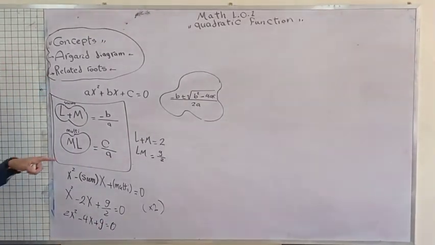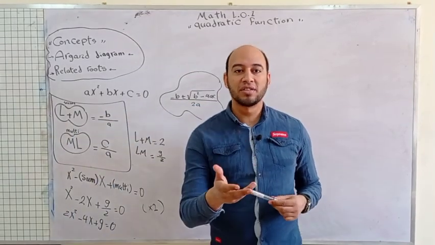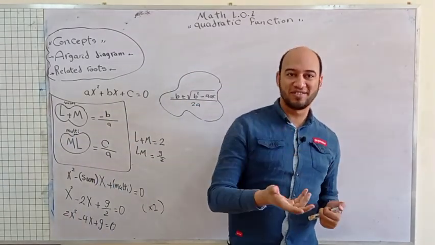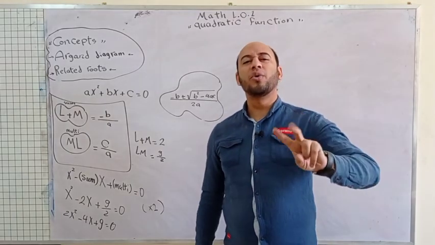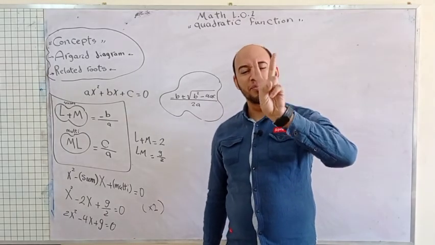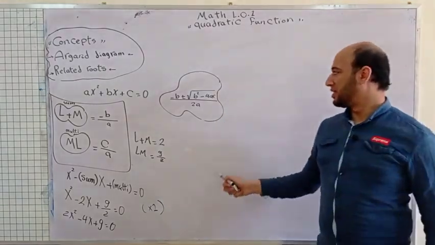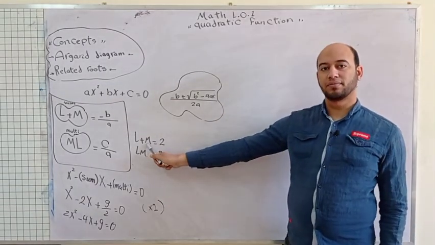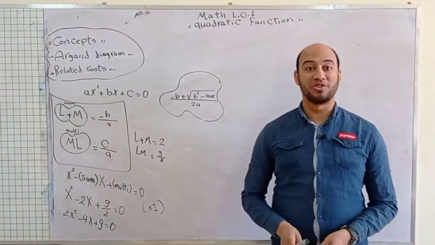This is the equation which was written here. We can construct the equation by knowing two important pieces of information: just two values, the sum of two roots and the multiplication of two roots.